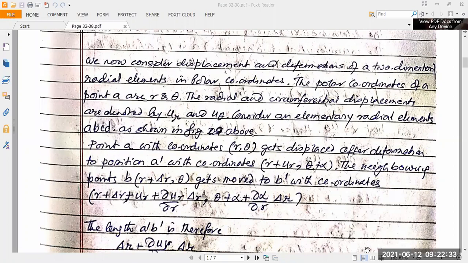Now we have an idea of the polar coordinates of A, B, A dash, B dash. What we have here is A, B, C, D, which after deformation becomes A dash, B dash, C dash, D dash.